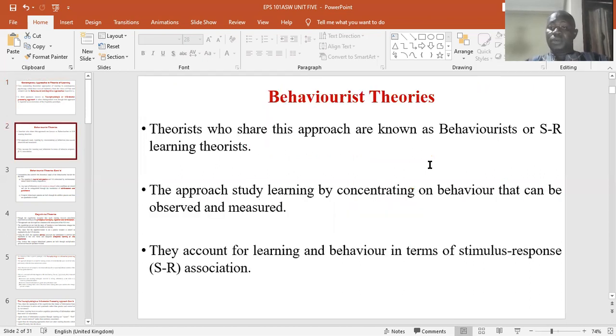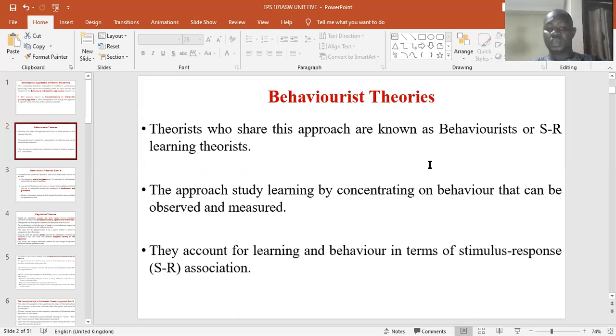Going forward, we have to break all these three theories into their various components in terms of their individual contribution to human learning. And we are starting with the behaviorist approach with their acronym S-R theories. The S-R means stimulus response.